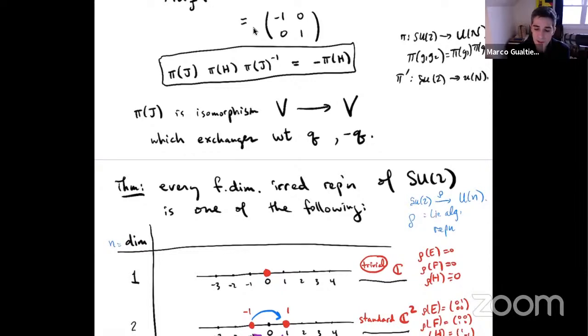The reason we do this is because it's easier to deal with the Lie algebra, because it has generators x1, x2, x3.